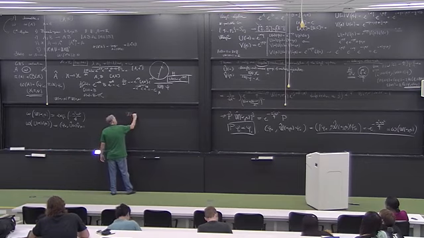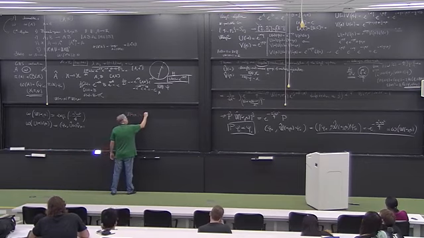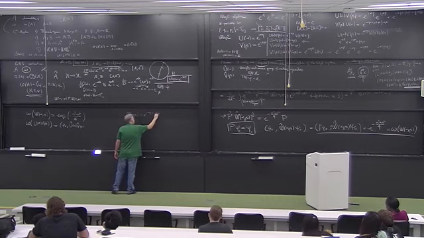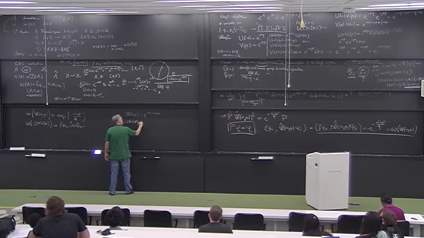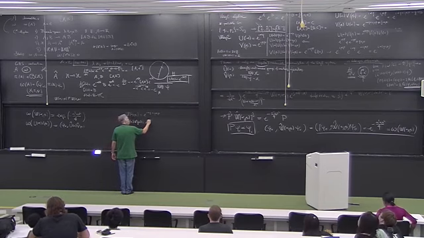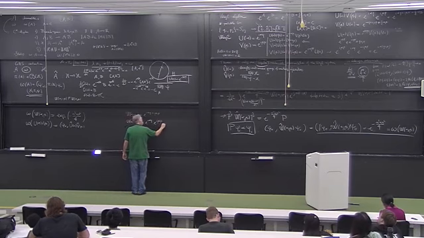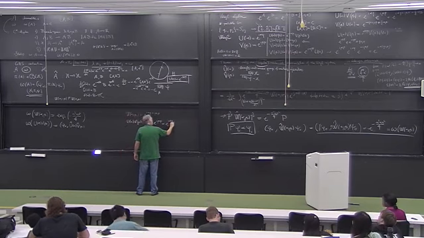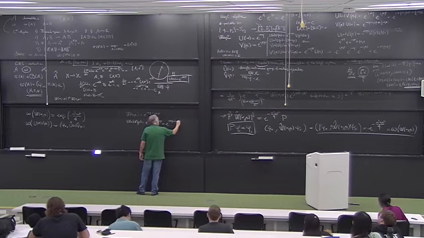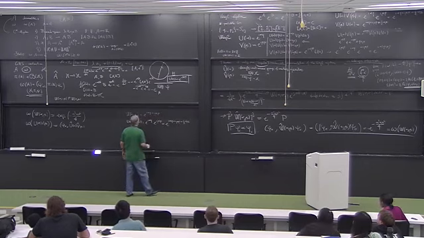W alpha beta is e to the i(alpha q plus beta p), and U alpha V beta is e to the i alpha q e to the i beta p, equal to e to the i(alpha q plus beta p) minus i over 2 alpha beta.